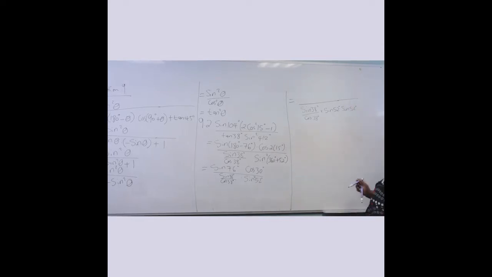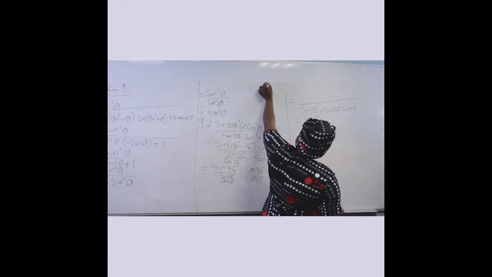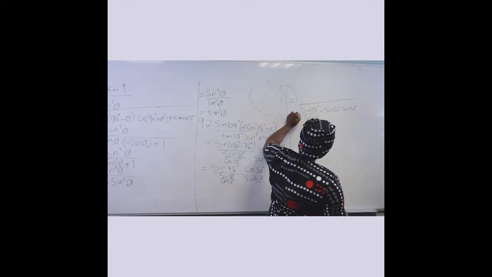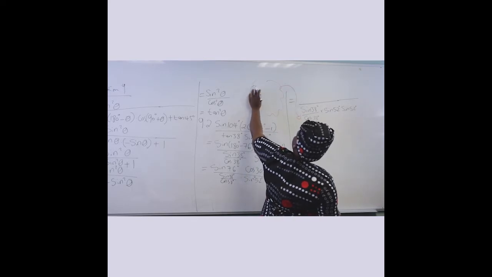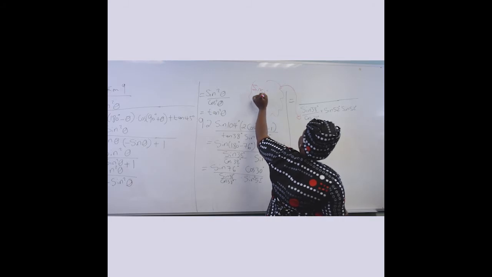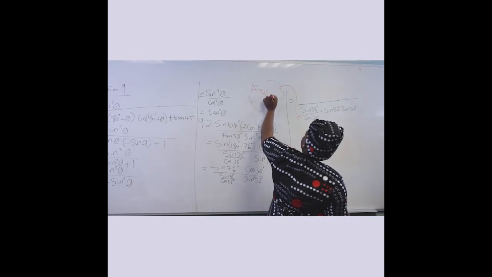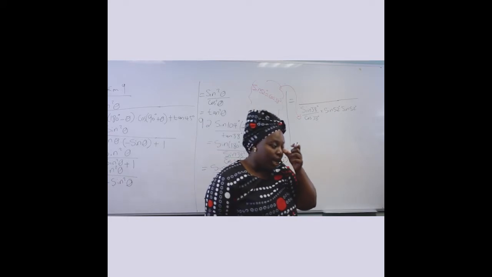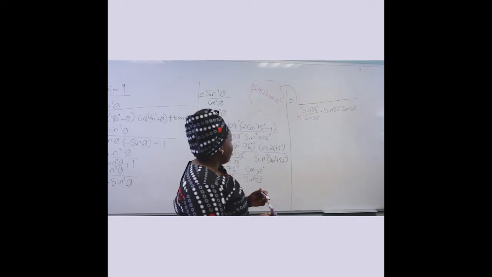Remember, this is the cloud to accommodate this information. We are saying that sine of 52 is the partner of cos 38, because when we add 52 and 38, we get 90. So they became co-functions.